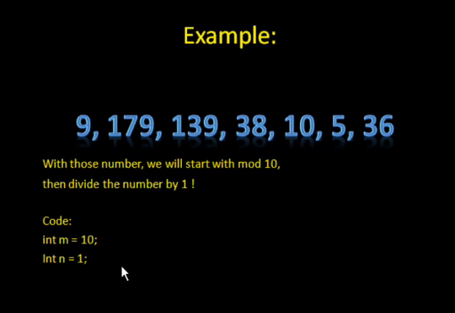Mod is a term used in computer science programming to say we find the remainder after dividing by that number. And n will be a variable that helps us find the number at that specific column, and you'll see what we mean as we continue. Just for now, it'll be set to 1.